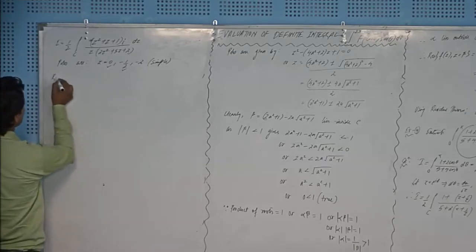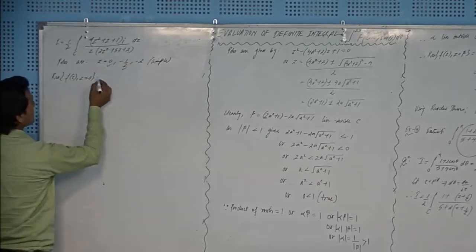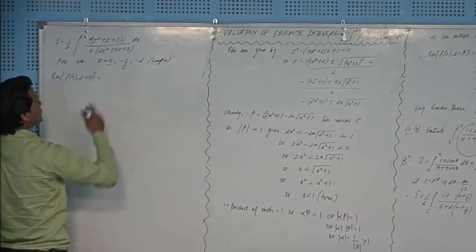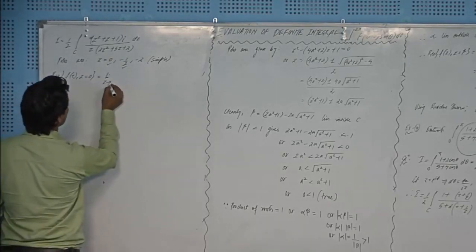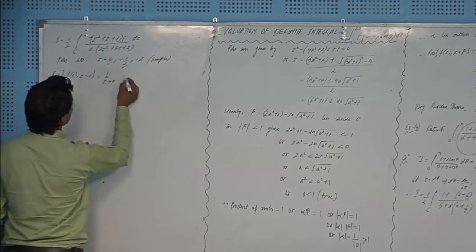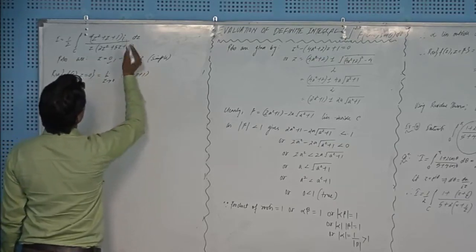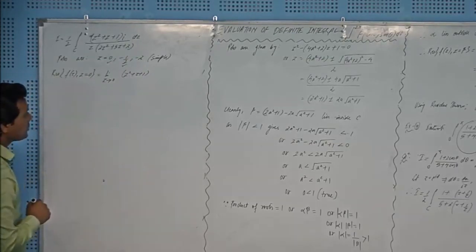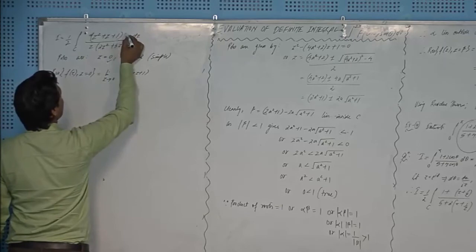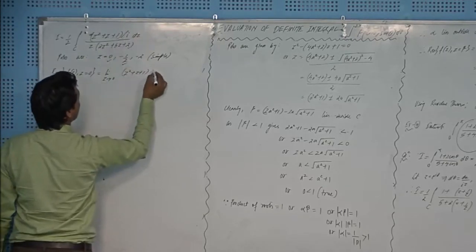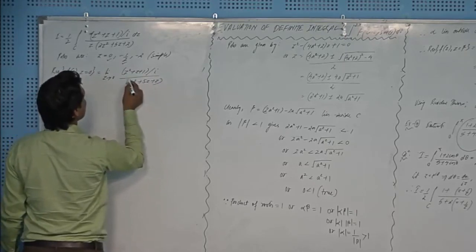So I am finding the residue first at z equal to 0, and then I will find the residue at the other point. Since both of these are simple poles, I can use the alternate formula: limit z tends to 0 of z times this thing, z square plus z plus 1 over iota upon 2z square plus 5z plus 2, because this z will be cancelled.